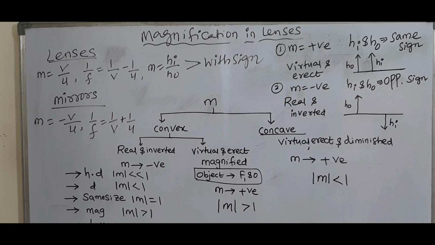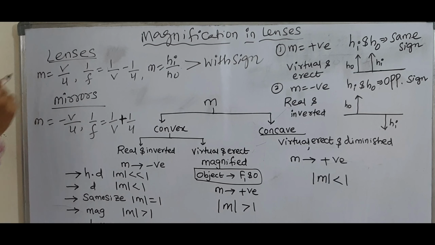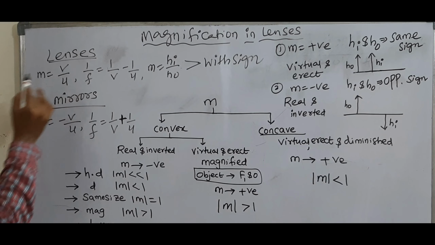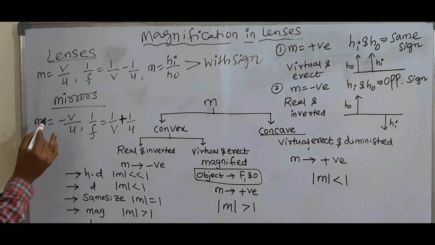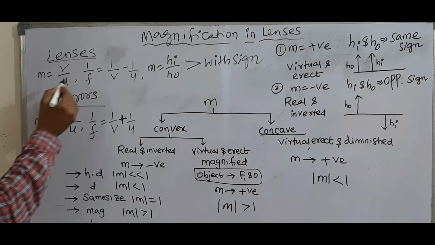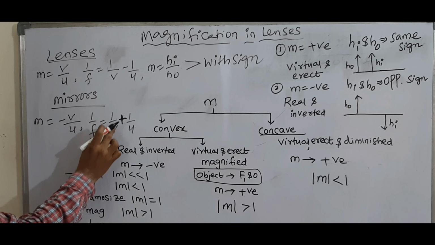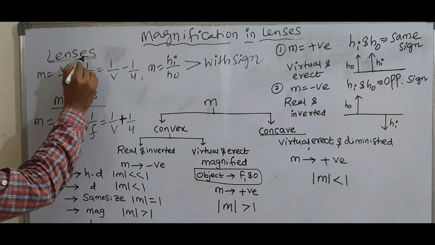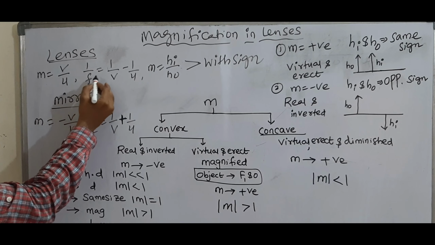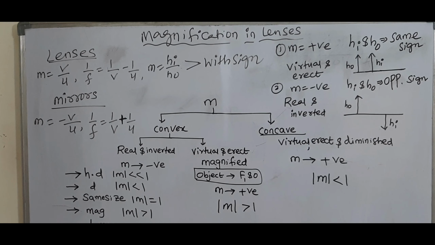Let's see here, magnification. For lenses, magnification equals V by U. For mirrors, magnification equals minus V by U. That's the difference. And the mirror formula, we know, is 1 by F equals 1 by V plus 1 by U. For lenses, the lens formula is 1 by F equals 1 by V minus 1 by U. That's the difference.